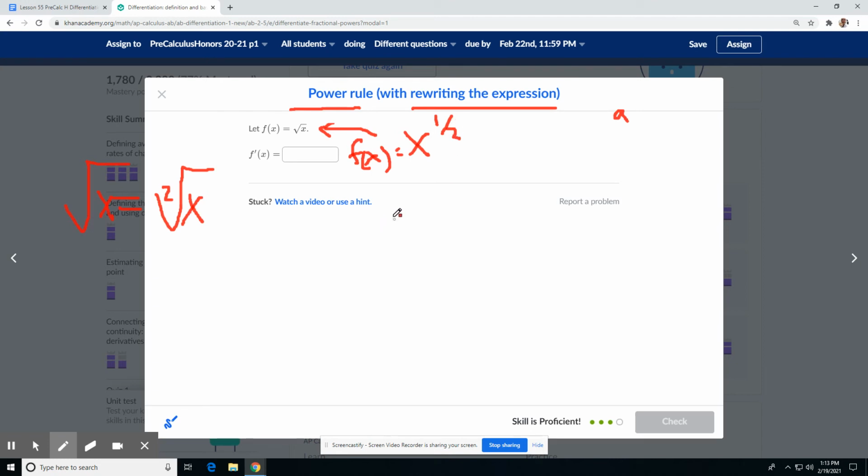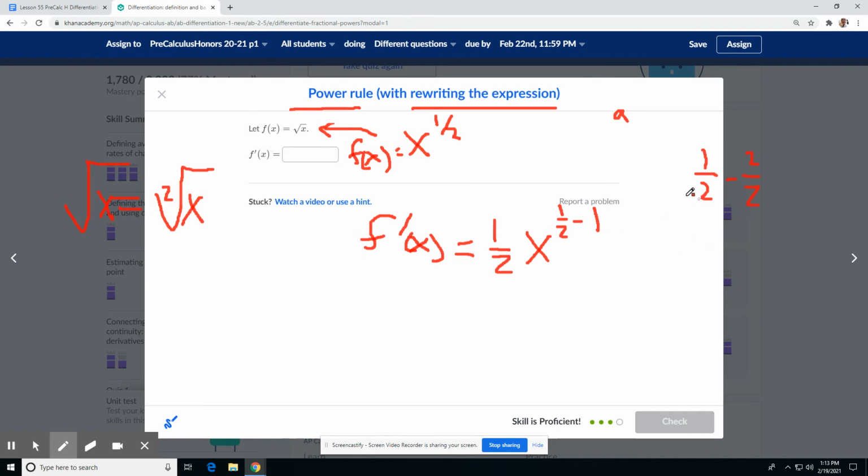So then we'd say f prime of x is equal to, exponent moves out front, x to the 1/2 minus 1. And as you start doing these, in my head I think, I'm already going to put this in 2/2 form.